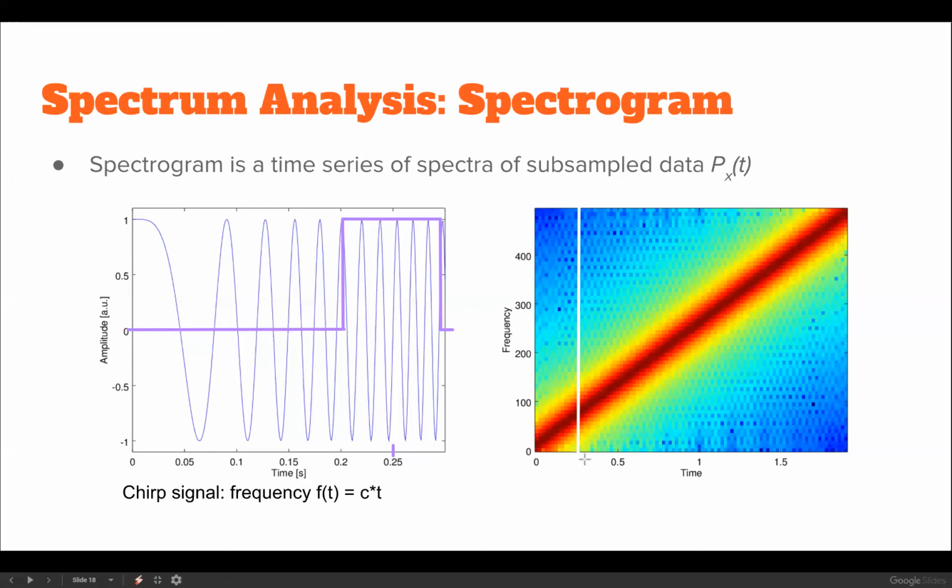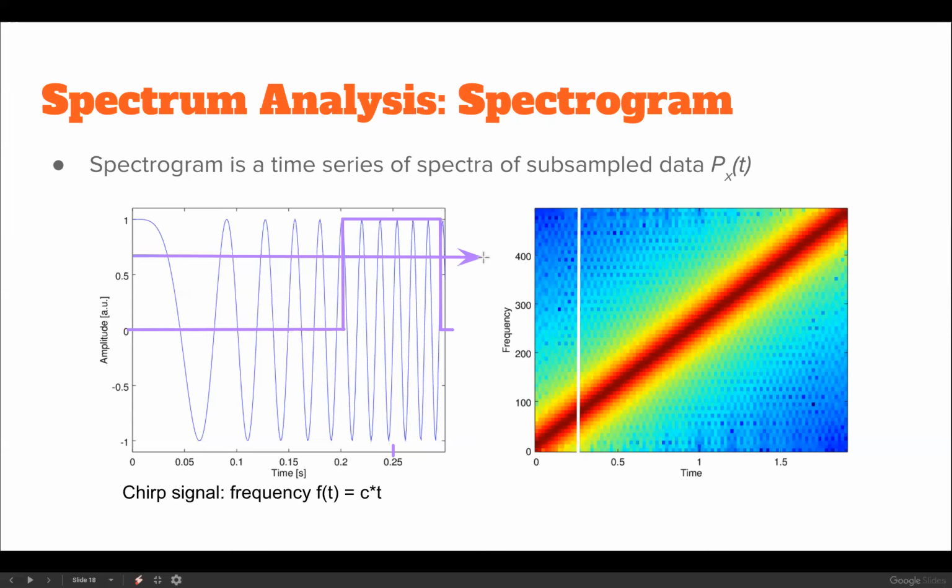So take a subsample, calculate the spectrum, and basically the spectrogram is when you start moving this one by time. So basically, let's start from here.